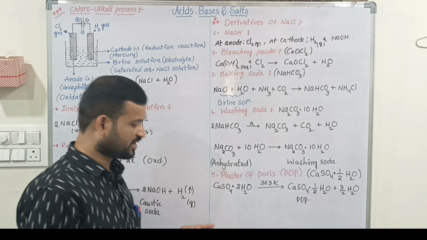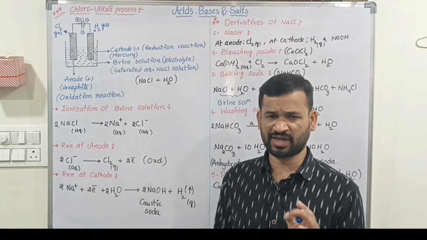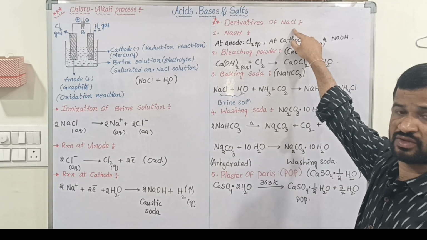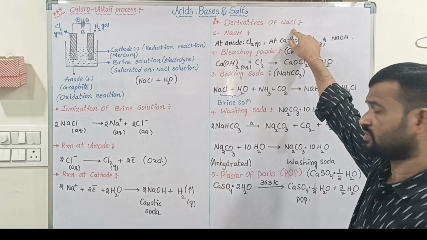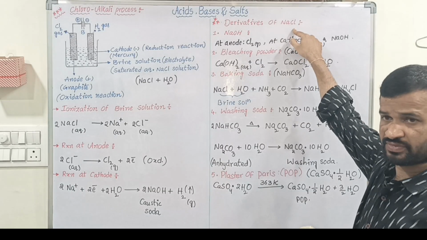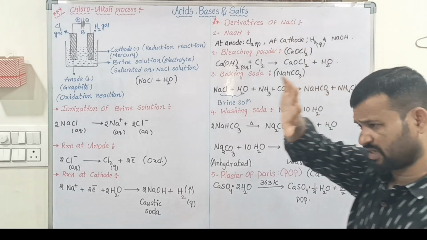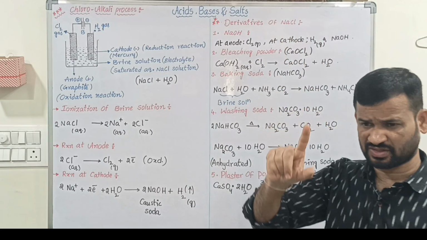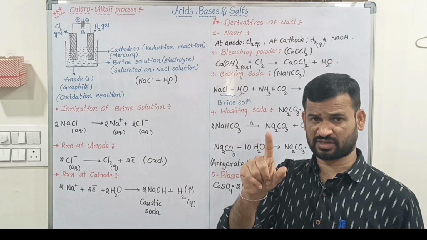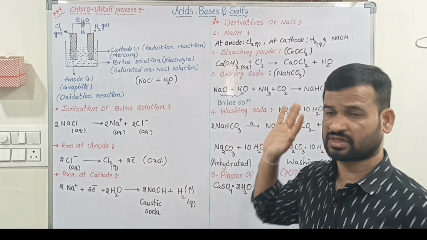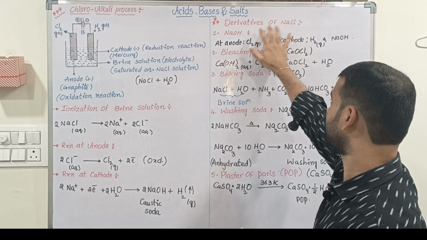In the examination they will mainly ask what the uses of derivatives of sodium chloride are. You can expect this as a 4-mark question. In every exam, check the previous papers: one of the questions will come from this lesson, that is, the uses of derivatives of sodium chloride.